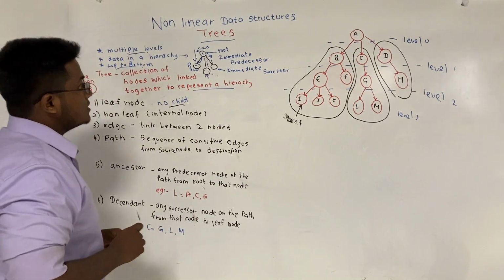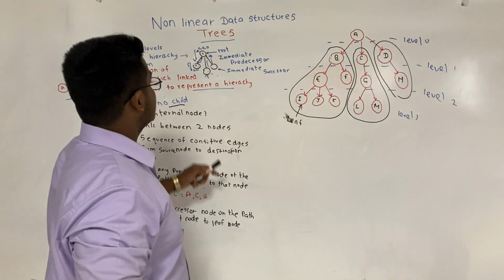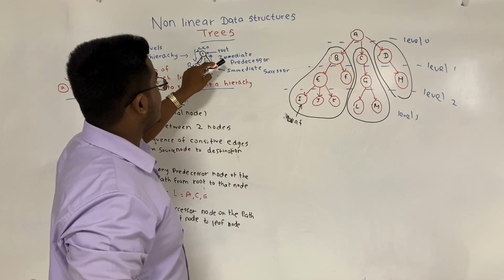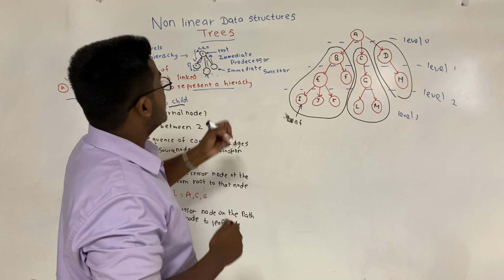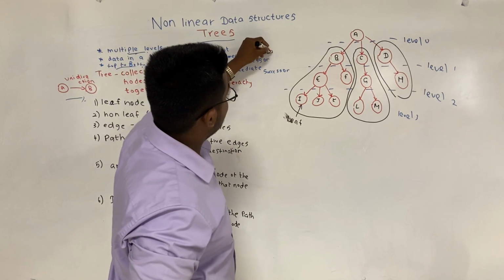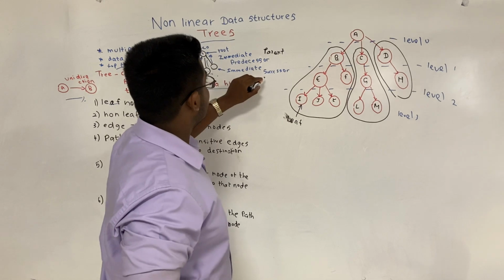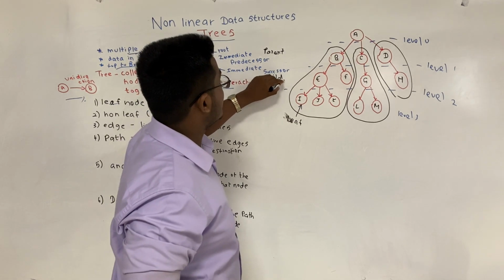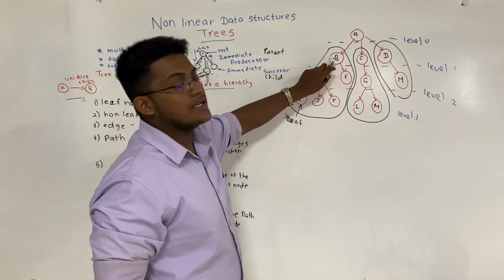I will also tell you about two other things: immediate predecessor and immediate successor. The immediate predecessor is the parent node, and the immediate successor is the child node. This is a parent node and this is a child node.